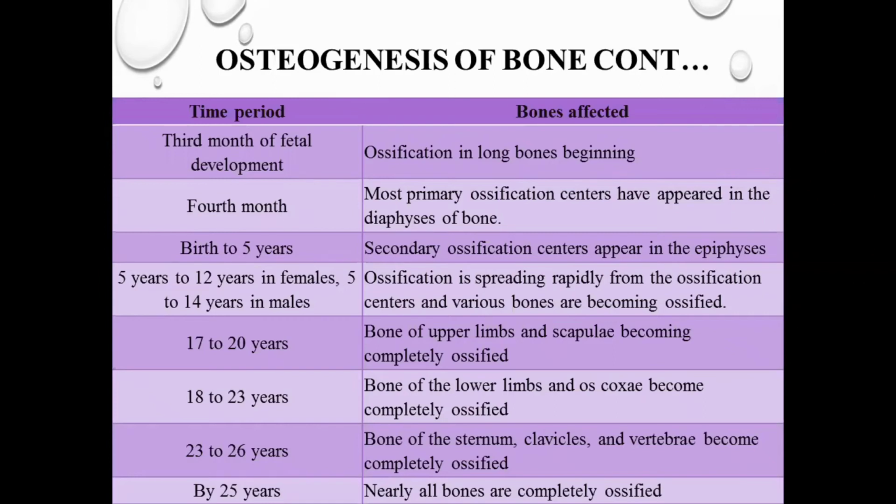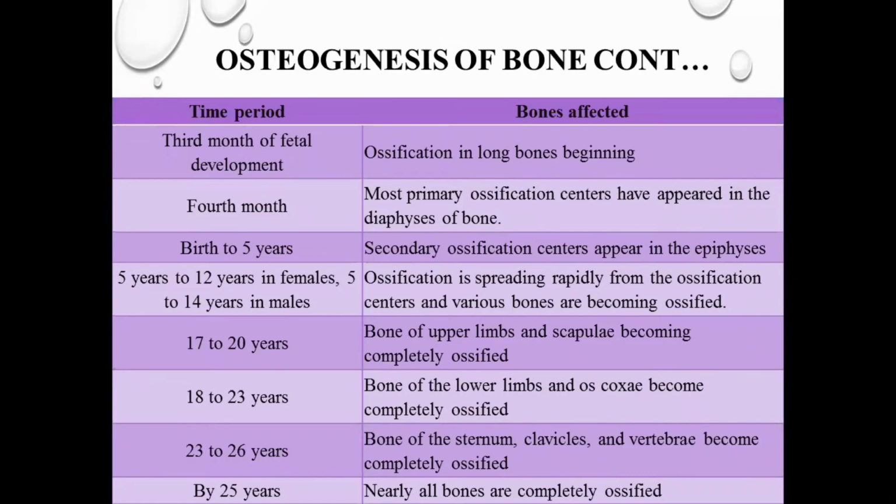At 18 to 23 years, the bones of your lower limb and the os coxae become completely ossified. Your leg gets completely ossified between the ages of 18 to 23. At 23 to 26 years, the bones of the sternum, clavicle and the vertebrae become completely ossified.